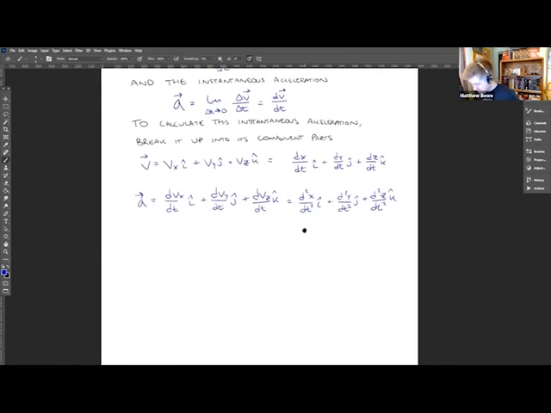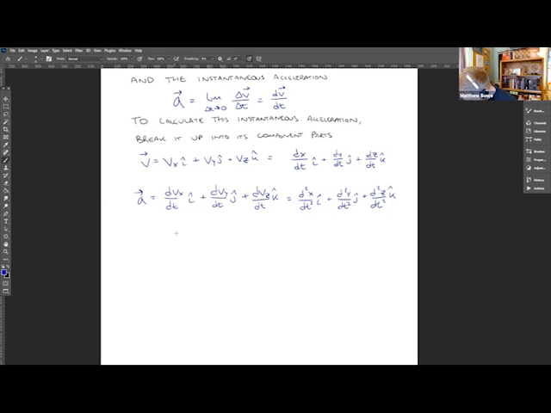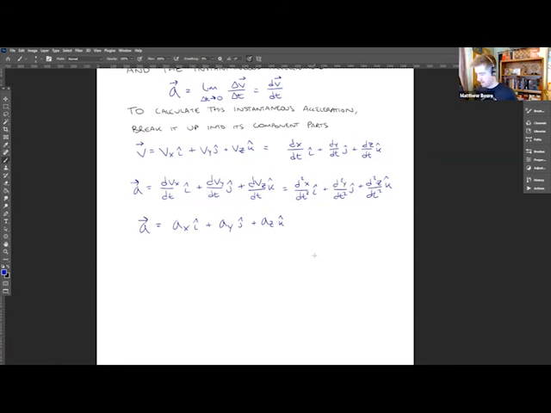All of this to get to: the acceleration term is made of its own components, ax in the horizontal, ay in the vertical, and az in, we'll say, the height out of the page.